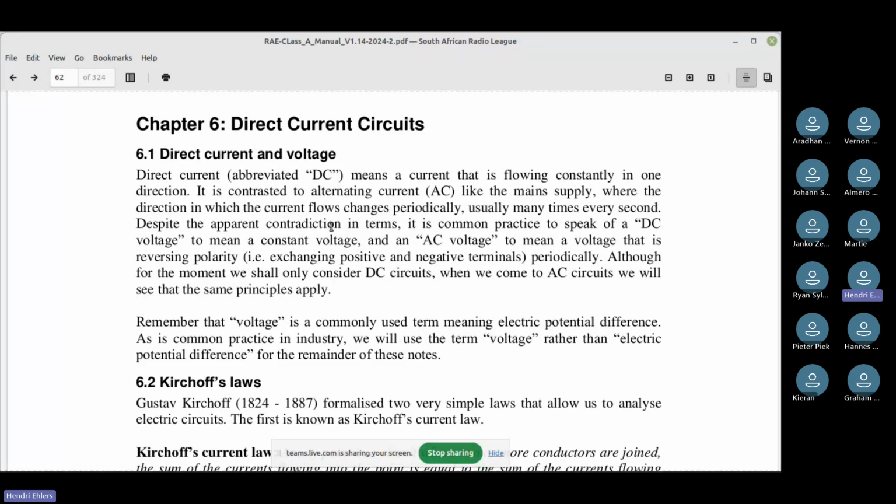You guys did this with Louis, I think it was Louis, the electrons. Now I always use the example of ball bearings in a pipe. The pipe is full of ball bearings, and when you add one on the one side, one drops out on the other side, and it's almost instantaneous.